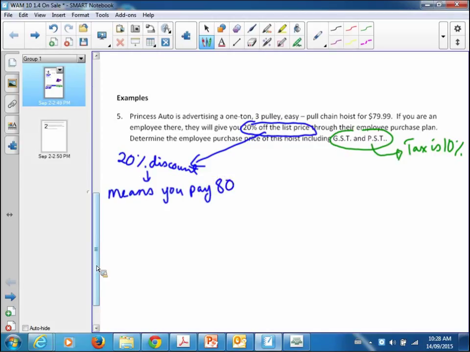If they're not asking for how much was discounted exactly, you could jump straight to the price and say, discount 20%, he pays 80%. So let's figure that out. 80 out of 100. Now that's where that came from, right? If you get 20% taken off, you pay 80% of the price.